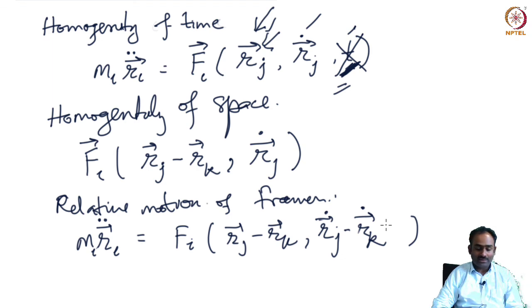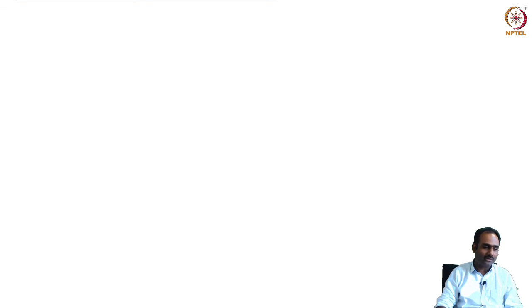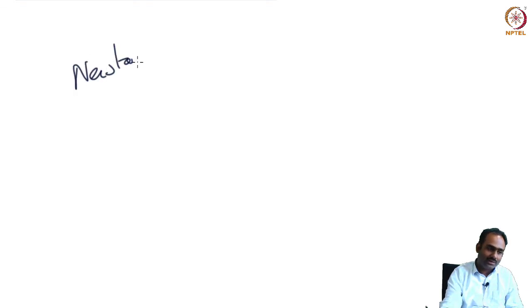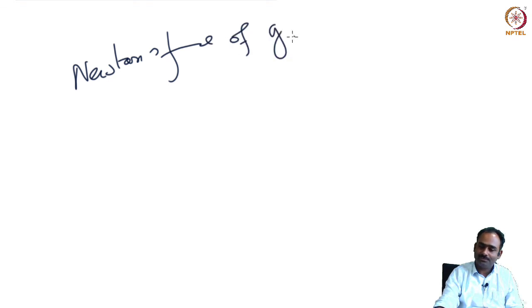So these are the constraints which we have been able to put on the forces. And let me give you one example which is very familiar to you, so that you can see that indeed the forces which you already know are of this form. So let's go back to our Mr. Newton, Newton's force of gravitation. What is it?